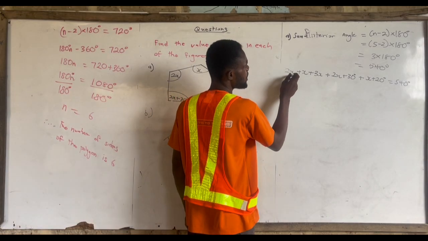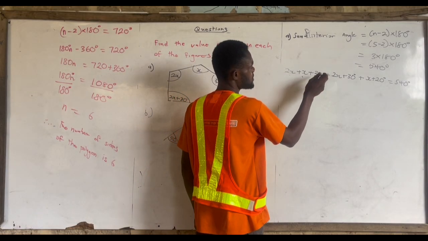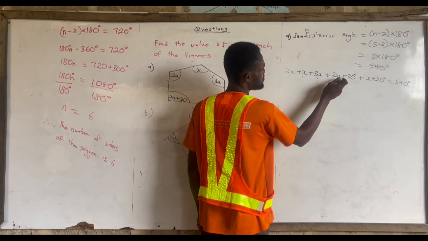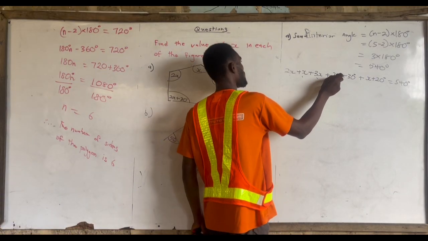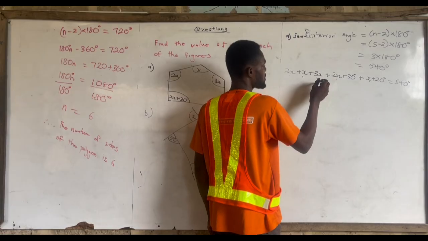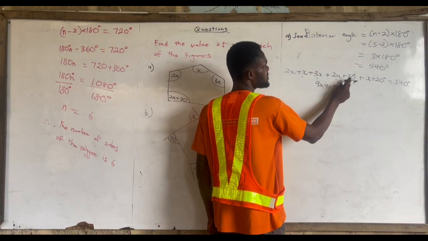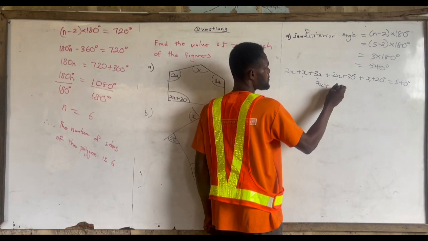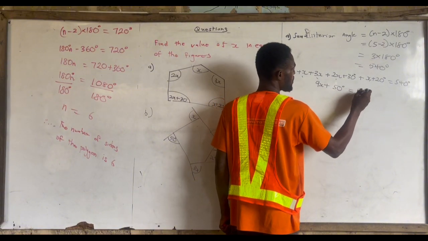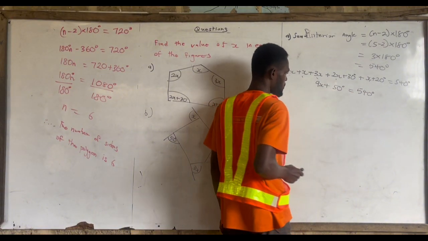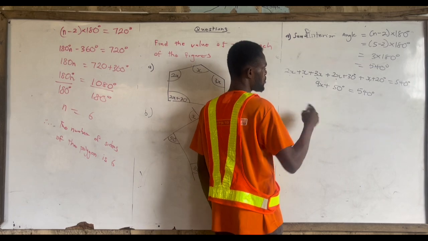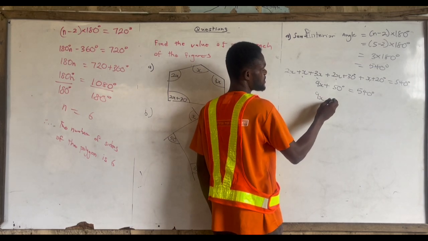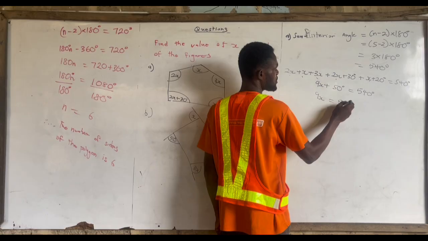So 2x plus x is 3x, plus another 3x is 6x, plus 2x is 8x, plus x is 9x, plus 30 degrees plus 20 degrees, which is 50 degrees, equal to 540 degrees.